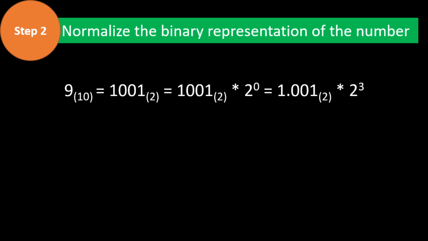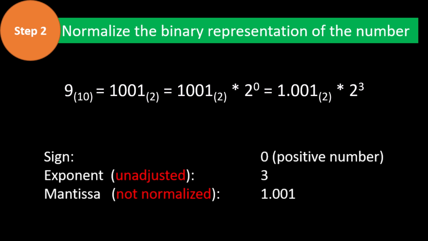We shift the decimal mark 3 positions to the left so that only one non-zero digit remains to the left of it. Up to this moment, our 3 components, sign, exponent, and mantissa, are as follows. Sign is 0 because it's a positive number. Unadjusted exponent is 3. And mantissa or fraction is not normalized yet. It is 1.001.